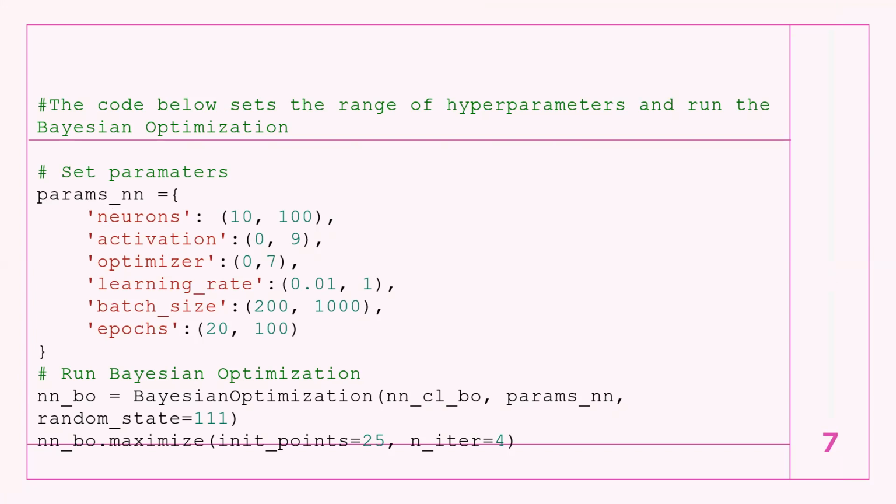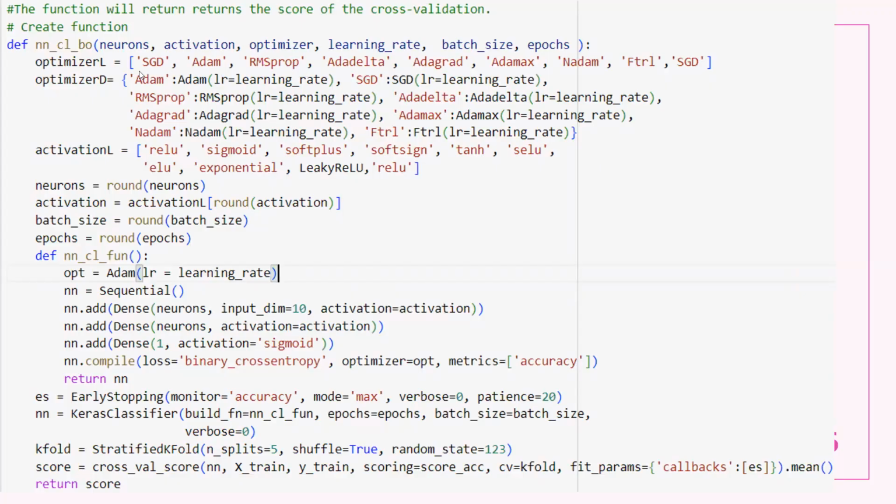So we have defined activation function as 0 to 9. There are 10 activation functions, if you go here: 1, 2, 3, 4, 5, 6, 7, 8, 9, 10. This should also be in quotation. I missed this quotation.